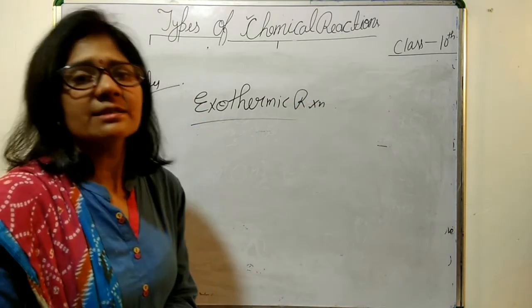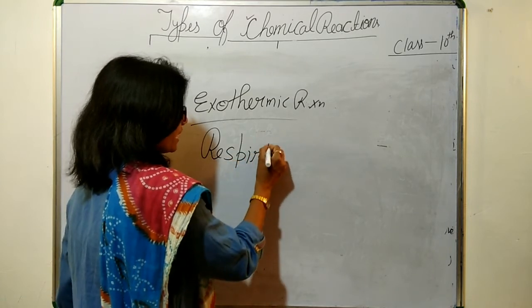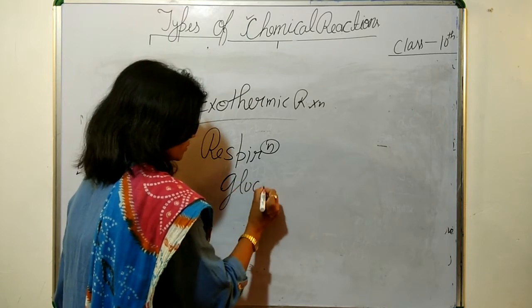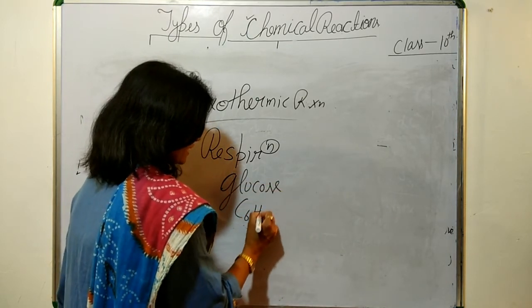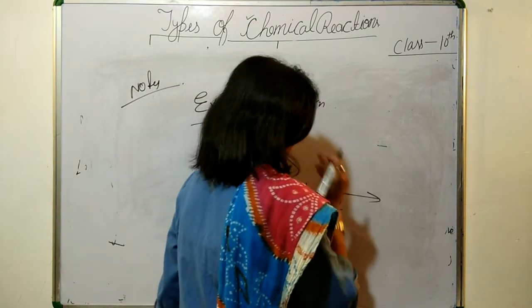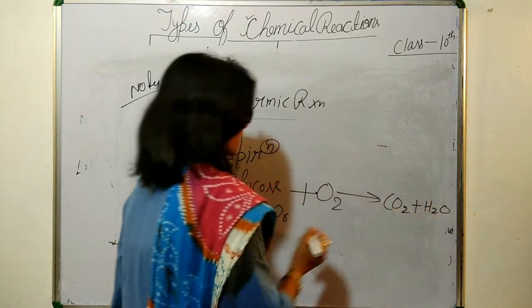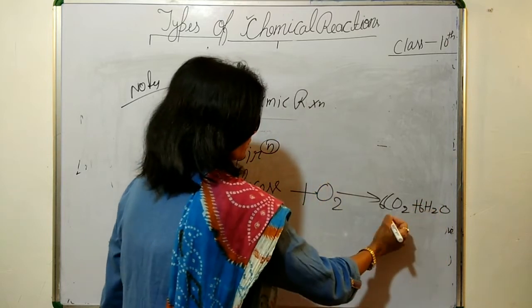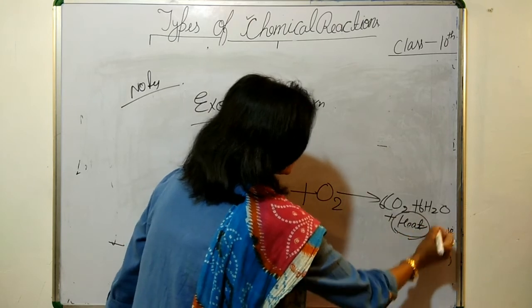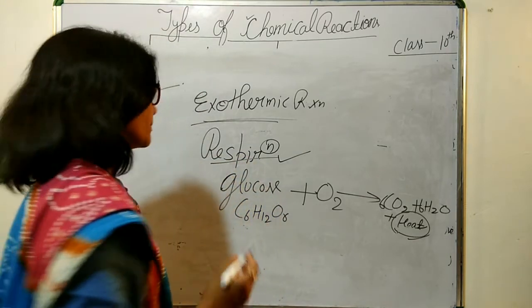The reaction in which a large amount of heat is released. In the case of biological respiration, glucose, that is C6H12O6, reacts with oxygen and forms 6 CO2 plus 6 H2O plus heat. As heat is released here, respiration is also an exothermic process.